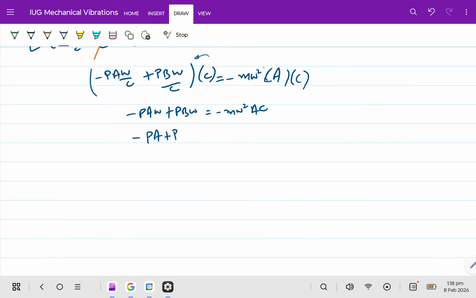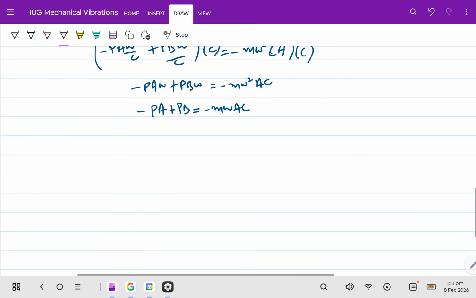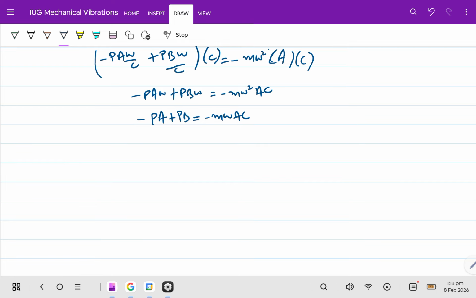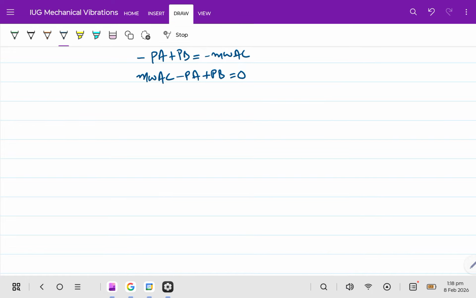Minus pa plus pb equals minus m omega ac. If you take that to the other side, it becomes m omega ac minus pa plus pb equals 0.